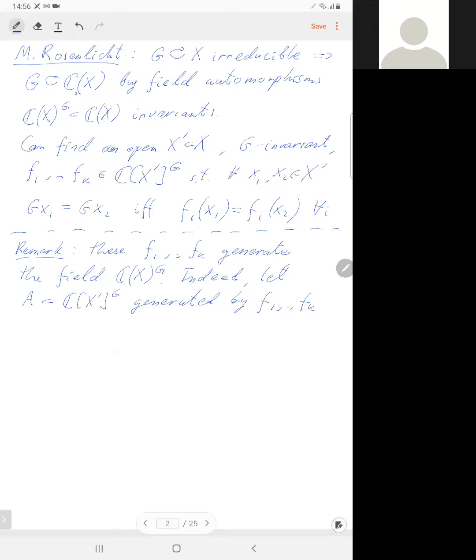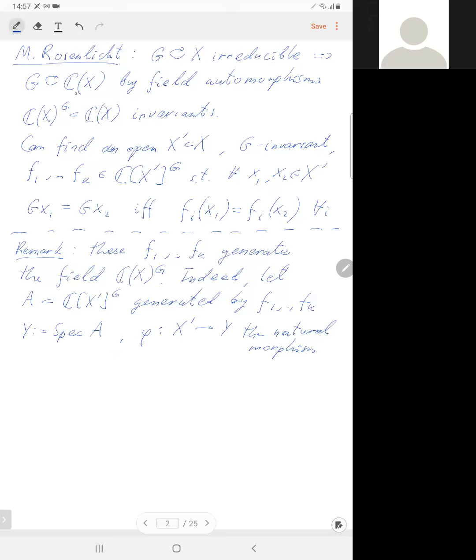So let's consider the ring that they generate, and say Y will be the spectrum of this ring, and phi from X prime to Y the induced natural morphism. Okay.